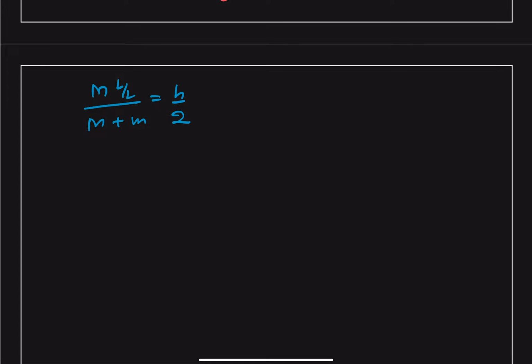So from here we can say that our h will be equal to, this 2 cancels with this 2, and we are left with M L divided by M plus small m. So this is also the height of the submerged part. Let us call this equation 2.